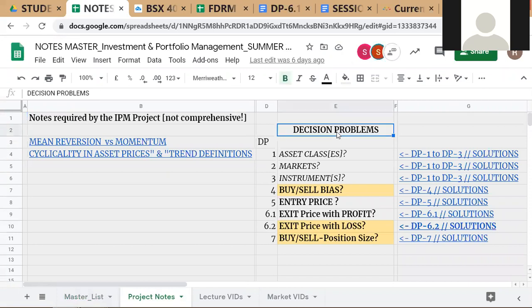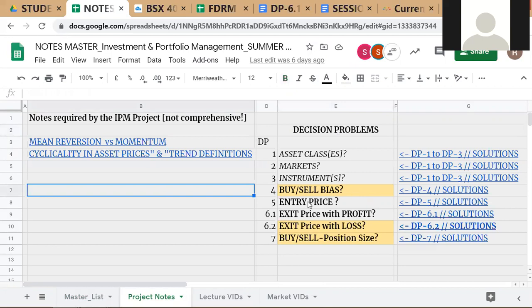The problems that you had to deal with in IPM are the same kind of problems you'll have to deal with in FDRM as well. In addition, because you're going to be doing an options trading project, you will be dealing with some additional problems which come up in options trading, which are unique to options trading. So we will be looking at those problems. But in the first place, we have to finish this material.